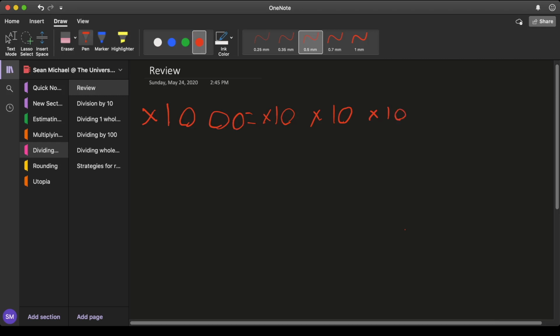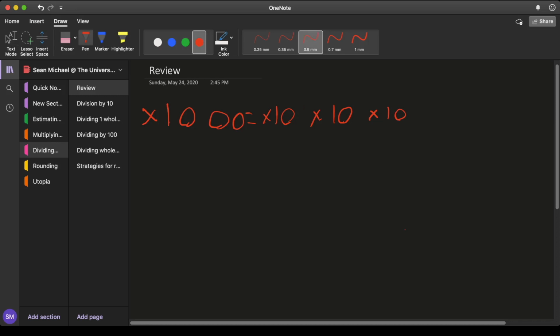That's why the name of this lesson is multiplying and dividing decimals by powers of 10, because 1,000 is a power of 10. You'll get more into that later in math, but you can see that 1,000 is just like times 10 times 10 times 10.